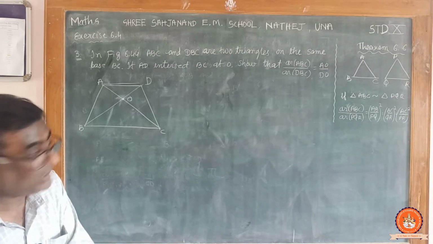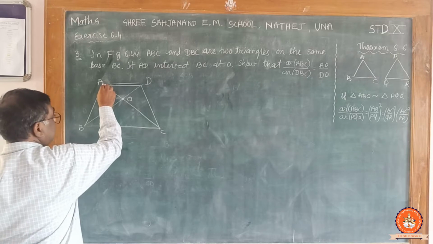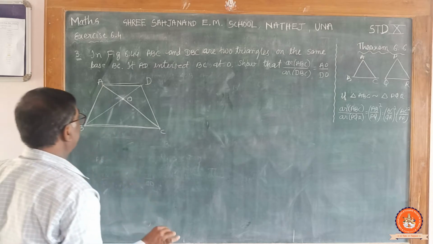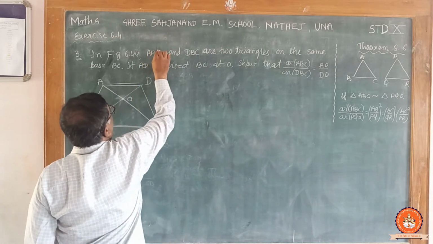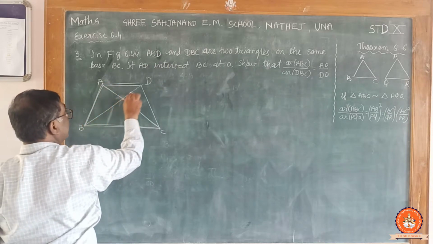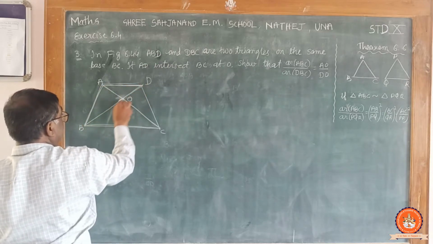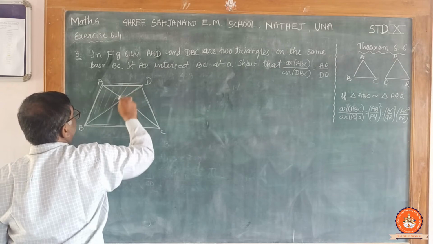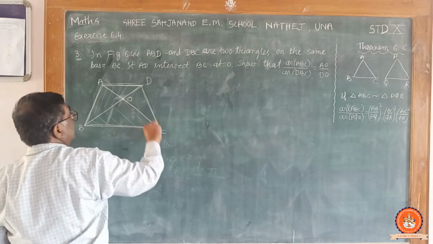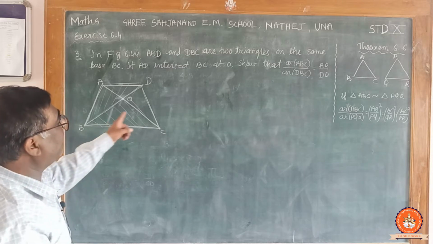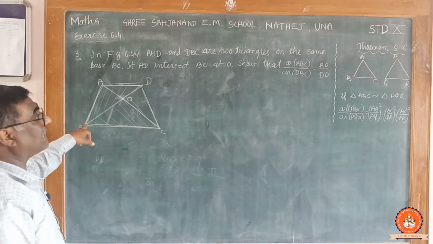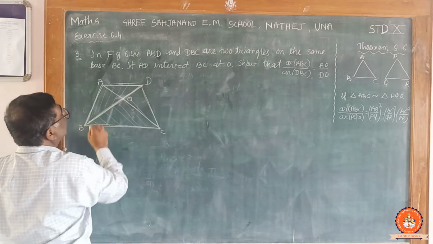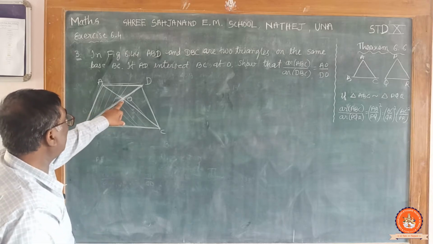Okay, look at it, it's not ABC, my friend, it's ABD, there is a mistake. So ABC and this one DBC. So triangles ABC and DBC are two triangles on the same base BC. दोनों का बेस एक ही है, BC पे है. Okay, BC पे.